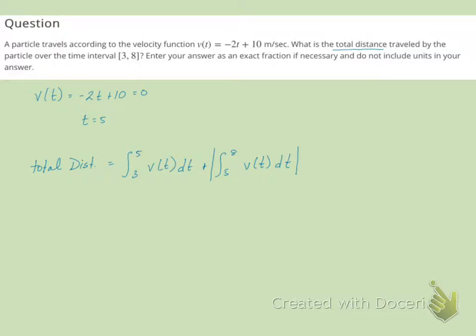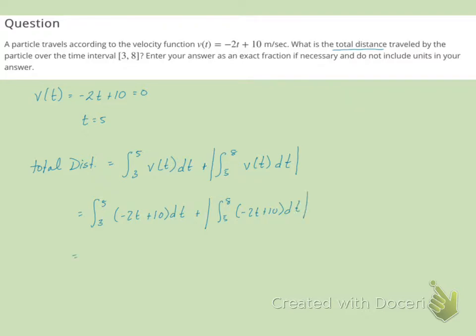I don't want to take into consideration the direction that it's going. So plugging this in here, we have the integral from 3 to 5 of negative 2t plus 10 dt. And we're going to add the positive version of the integral from 5 to 8 of this same thing.